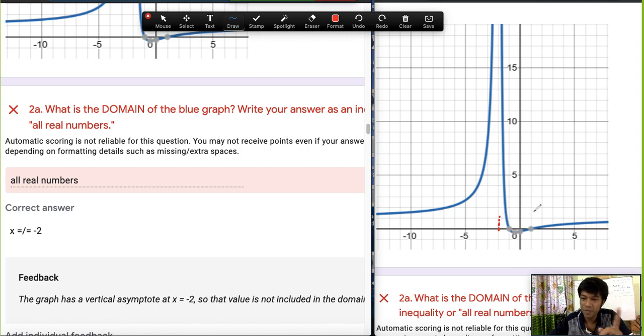Remember, we solved it in question number 1, and there must be a horizontal asymptote at plus 1. Now you have the coordinate grid also, so you can actually see it. You can say, sir, how do we know that? See, the graph is coming closer and closer to this line. That's why you can see.